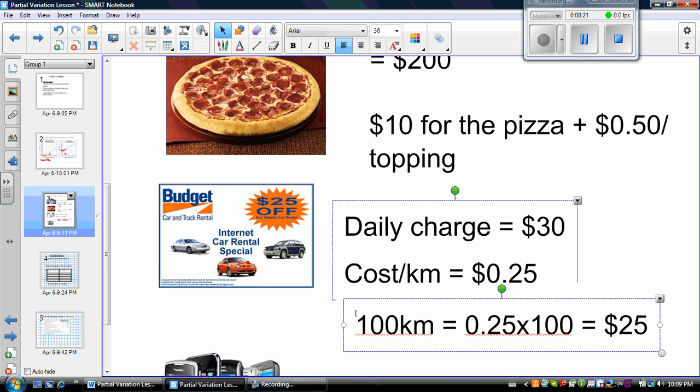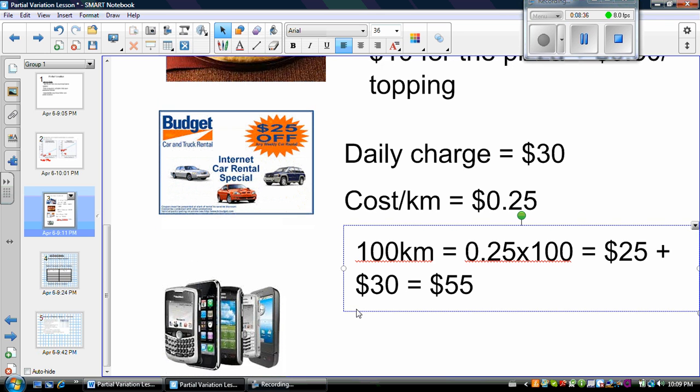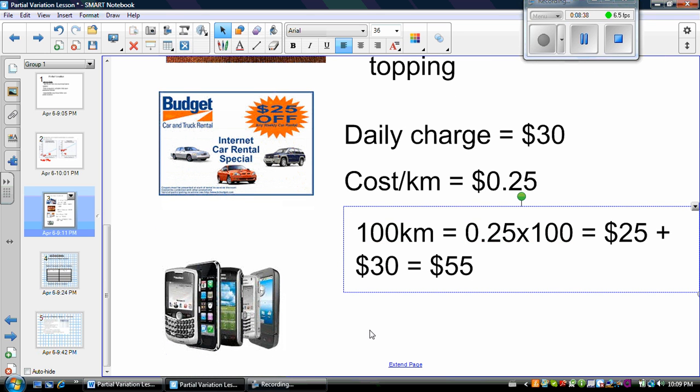Okay, $25 for using 100 kilometers. Plus, I got to add the daily rental charge, which is $30, and that's going to equal a total of $55.